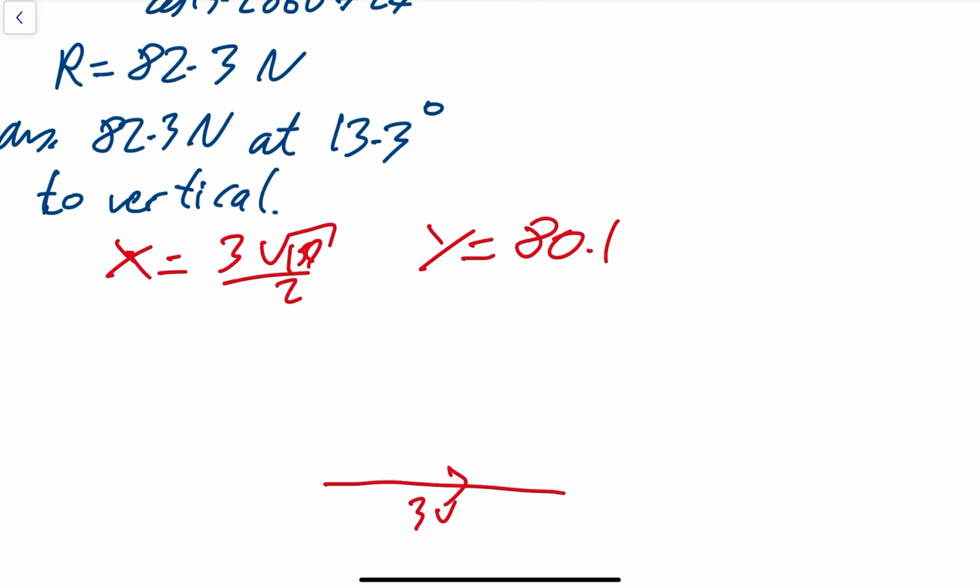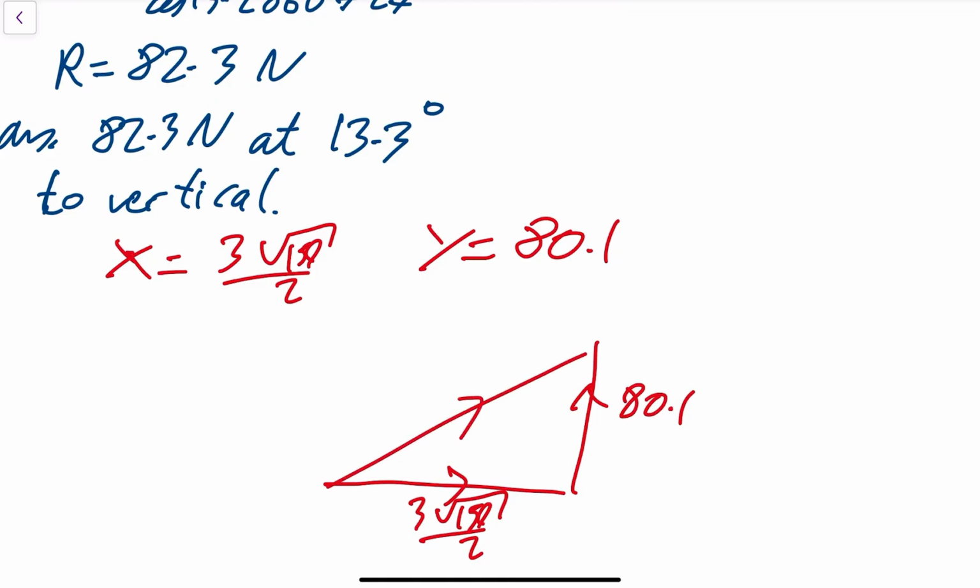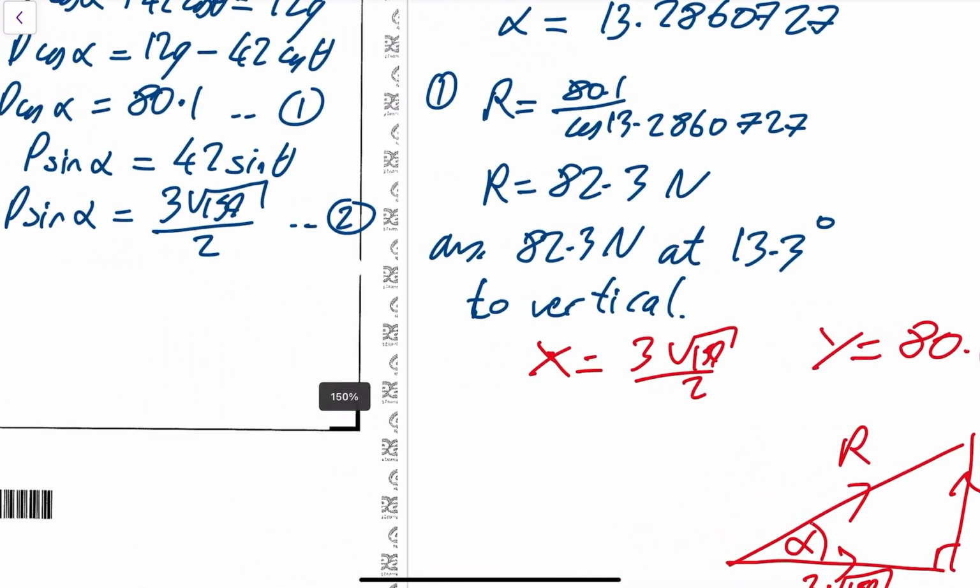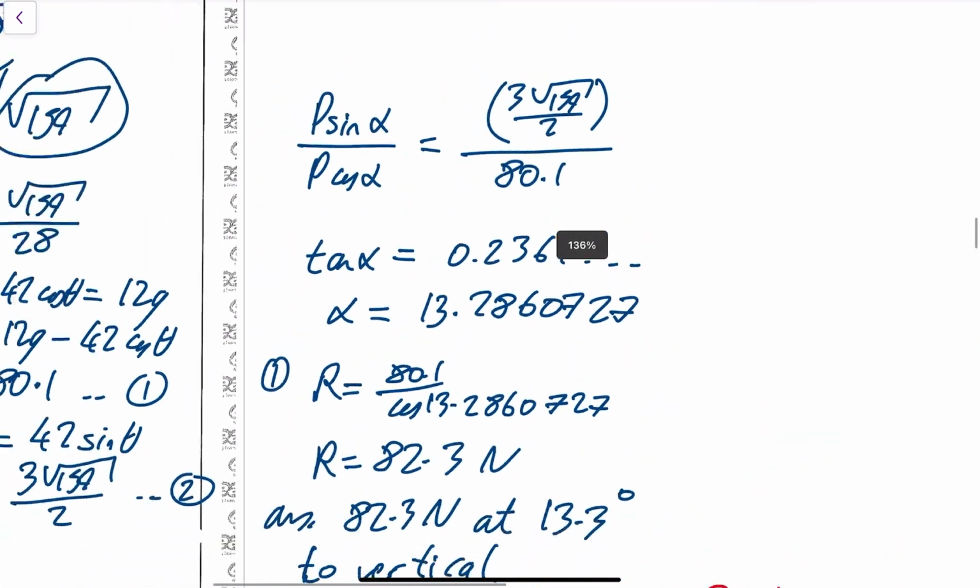You'd have 3 root 159 over 2, and then 80.1 there. Then you could use Pythagoras to find your R, and use trig, tan alpha is equal to 80.1 over the 3 root 159 over 2 to find your angle. Okay, so you may prefer that way. This is just my preferred way of doing it.